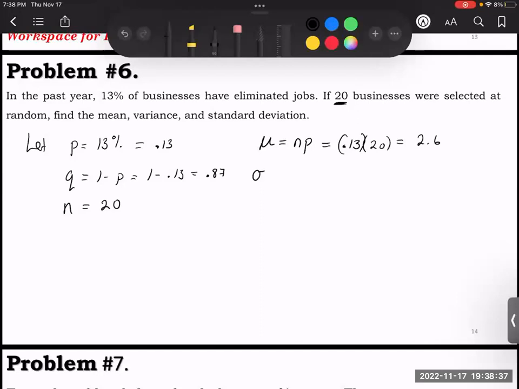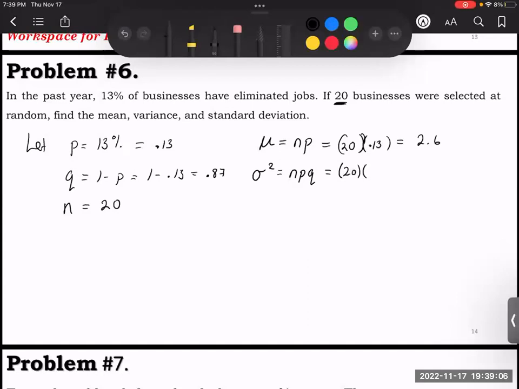Your variance is n times p times q. So I take 0.13 times 20. Sorry, I meant to write this in the reverse. I meant to say 20 times 0.13. The math is still right, but it should have been 20 times 0.13.